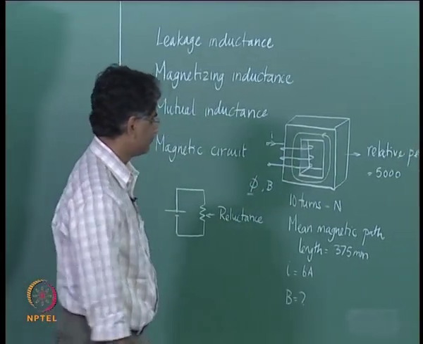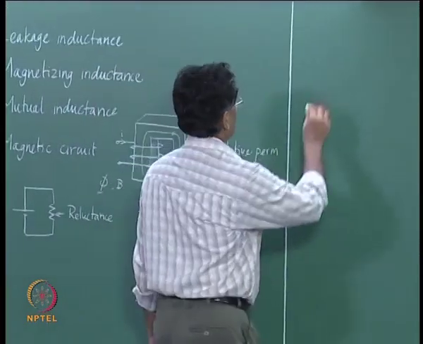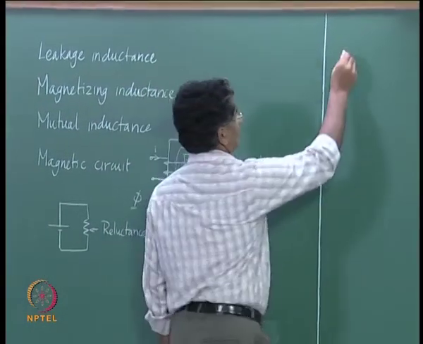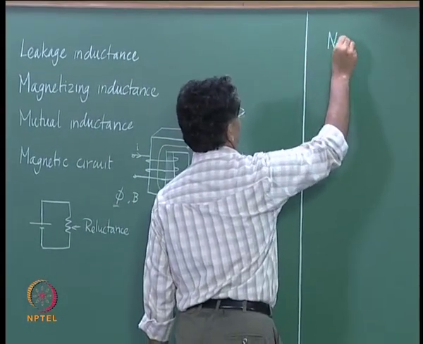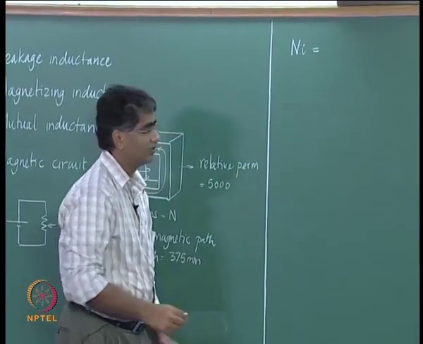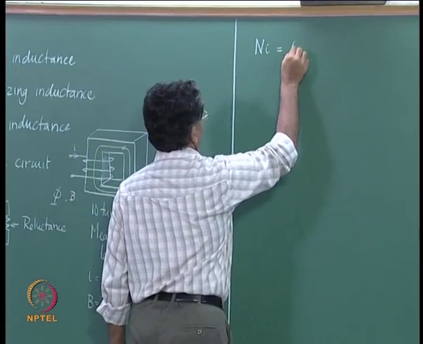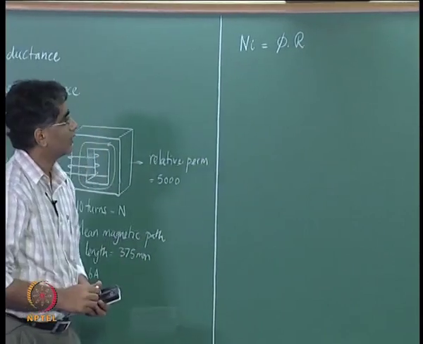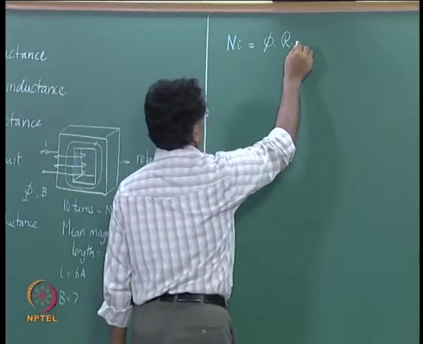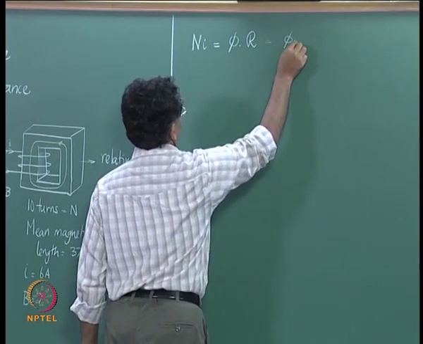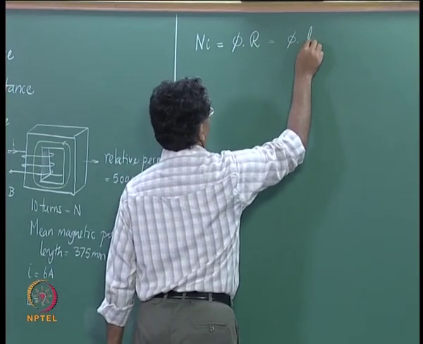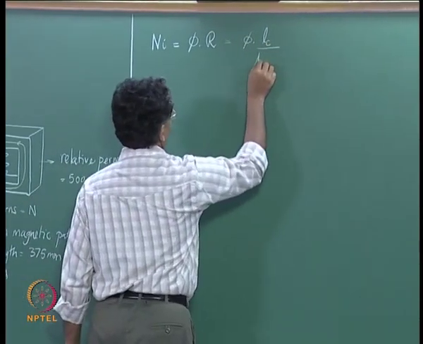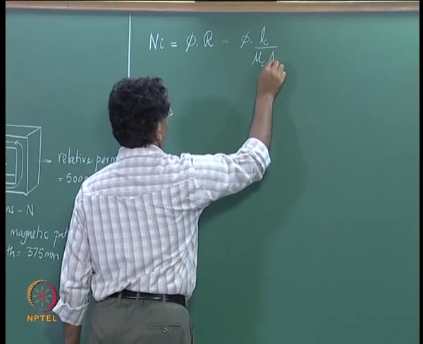So, how do we do that? We know from the earlier analysis in the last lecture that the MMF, which is N into I, is given by flux multiplied by the reluctance R, and the reluctance is given by length in the core divided by mu of the core into area of the core.